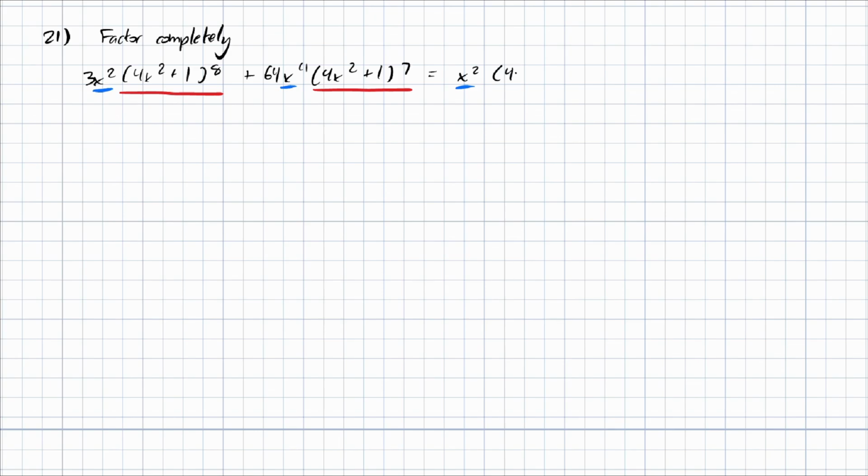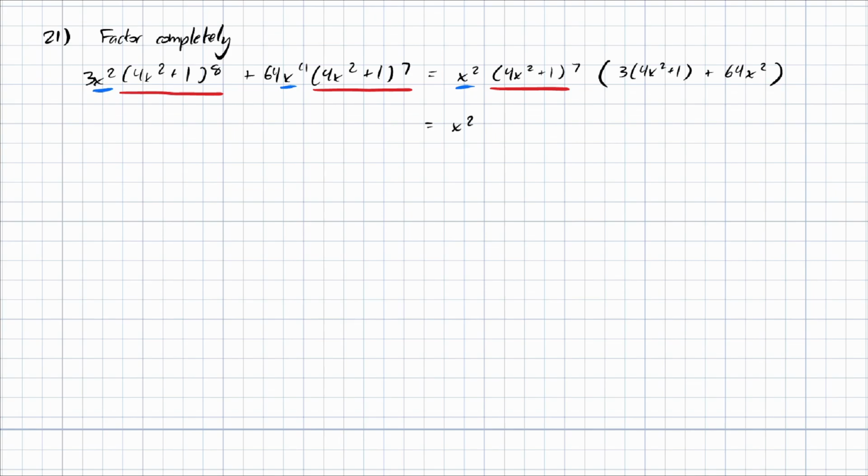I took out x squared, so this is gone. And then the 8th minus 7th leaves 1. So I have 3 times (4x squared plus 1) from here, plus 64x squared, and that's gone.